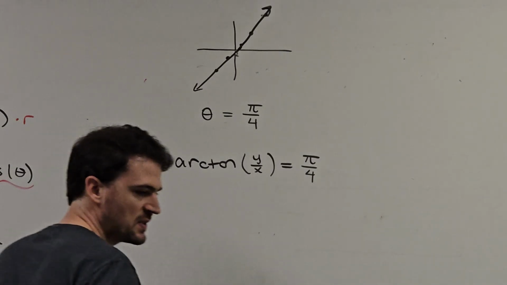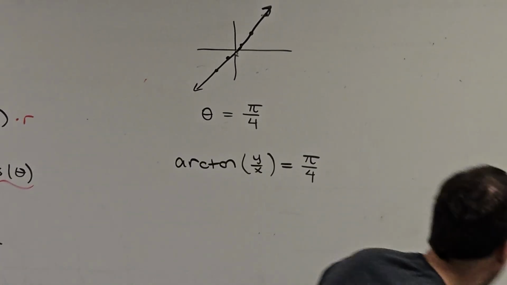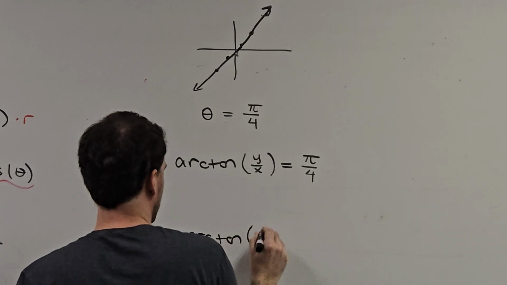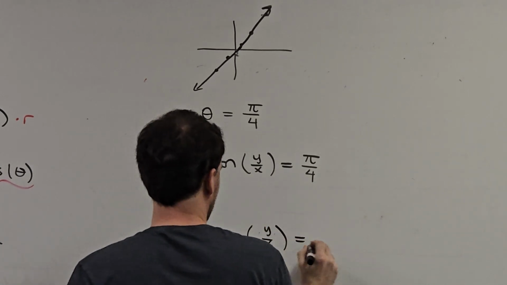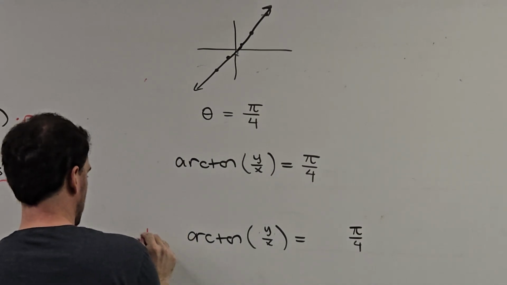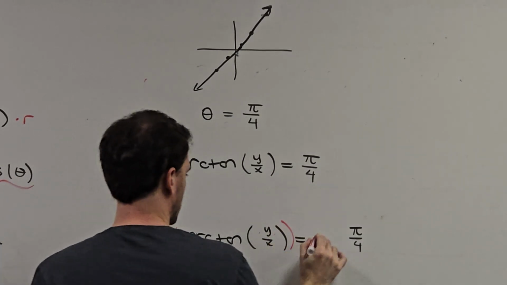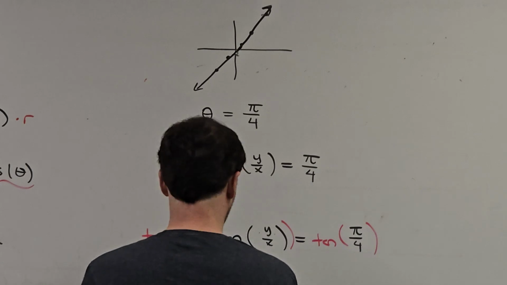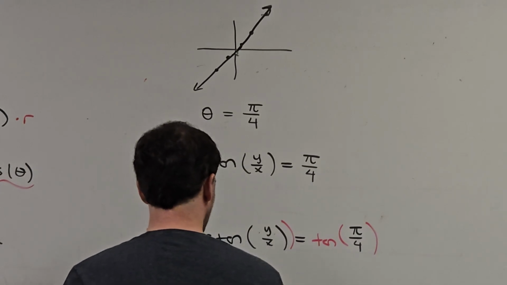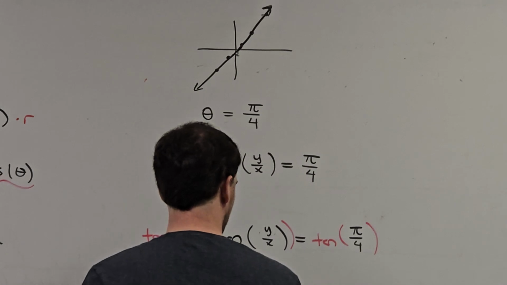So I'm going to take the tangent of both sides. And tangent of arctangent y over x is equal to y over x.